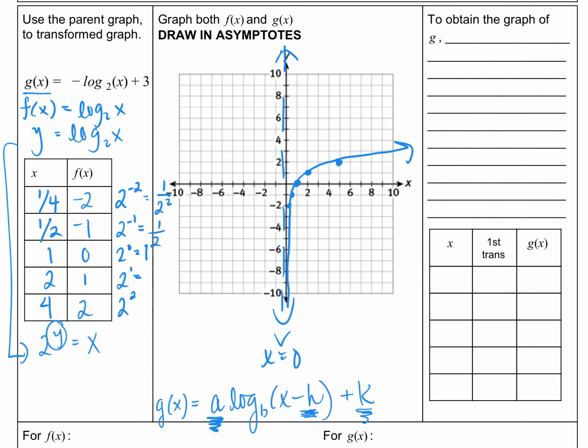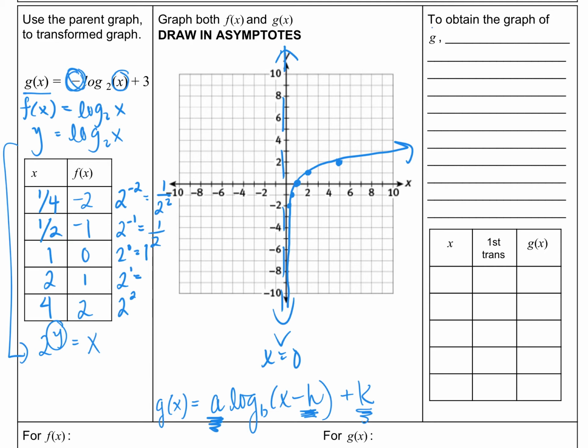So looking at our g of x, I see that there's nothing happening to x inside. So there is no horizontal translation left or right. There is a negative out here. So that tells me that there's a reflection over the x-axis.